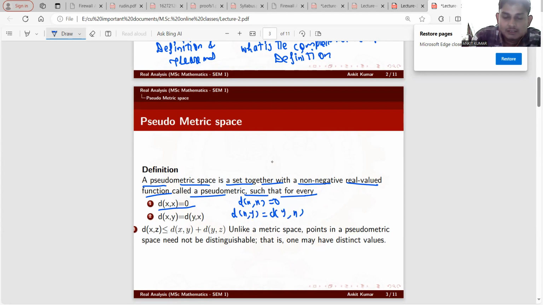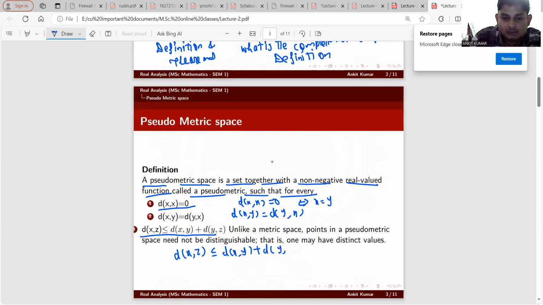This is the property. So d of x comma y is equal to 0 does not imply that x is equal to y. Okay. And this is the triangle inequality: d of x comma z is less than or equal to d of x comma y plus d of y comma z.